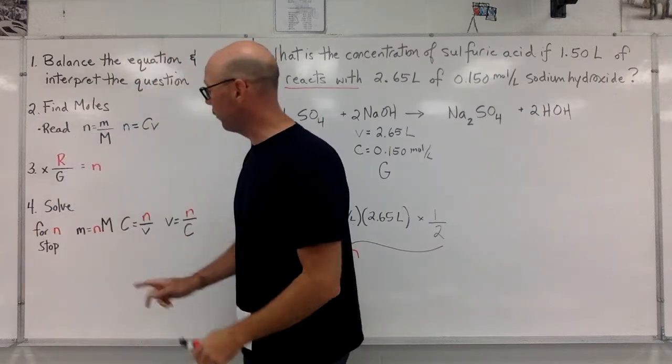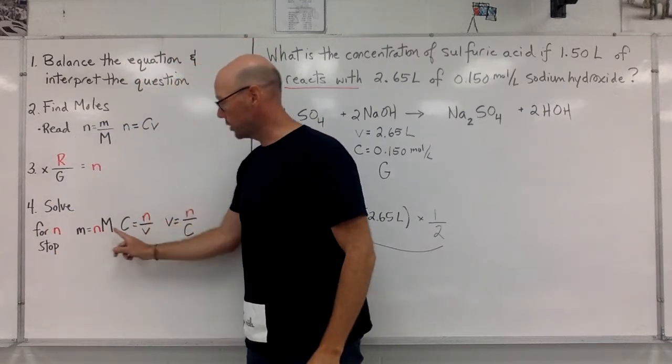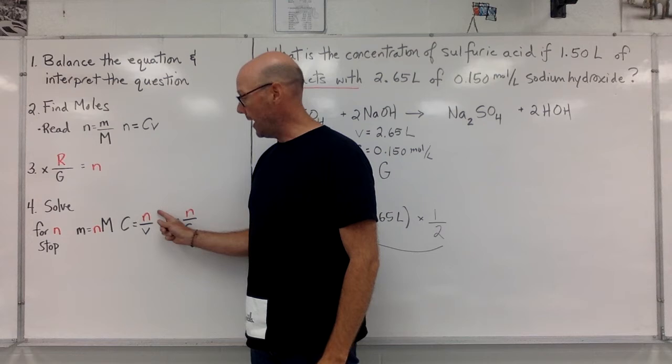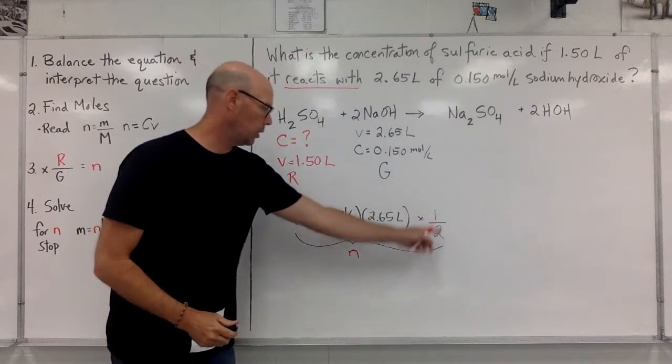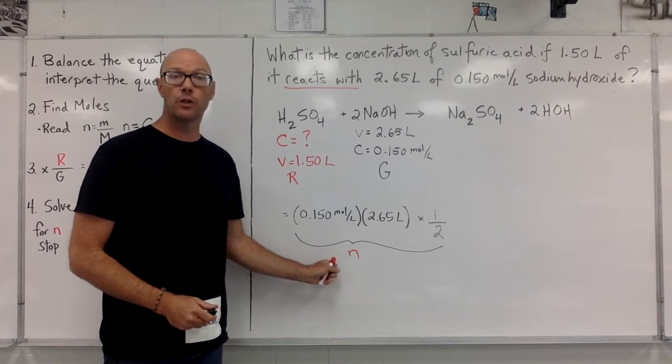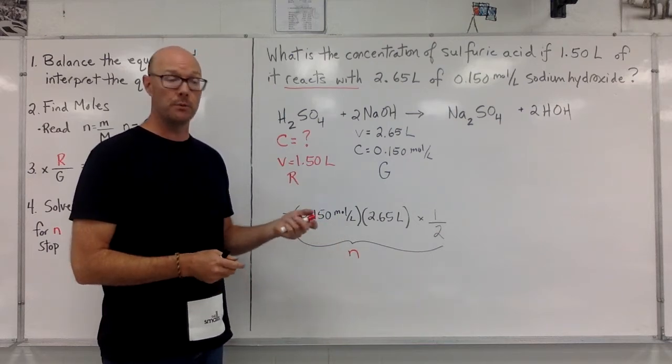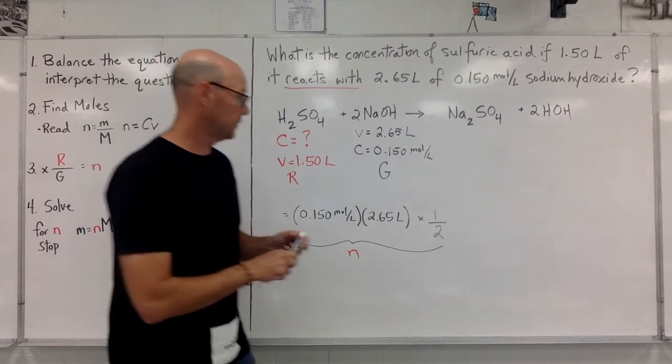Let's look at our step 4. Moles, mass, concentration. What is it? Red N divided by volume. This is all the red N, so we're going to divide by volume to find the concentration.